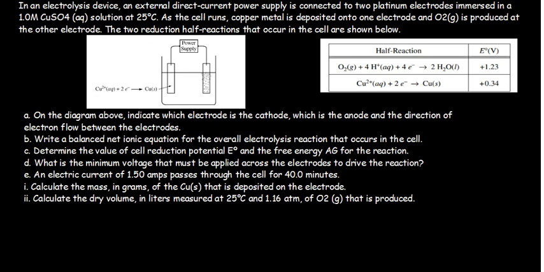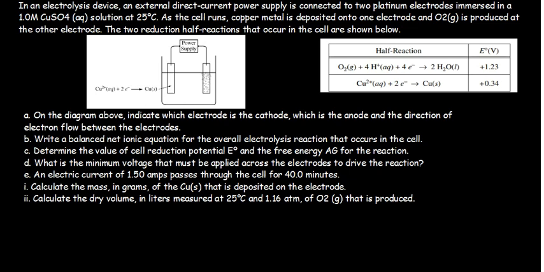First of all, we've been told that in an electrolytic device, an external direct current is connected. In this case, we are using two platinum electrodes immersed in a solution of 1 molar copper sulfate at 25 degrees Celsius, which means standard conditions. As the cell runs, copper metal is deposited onto one electrode, which we call the cathode, and oxygen is produced at the other electrode.